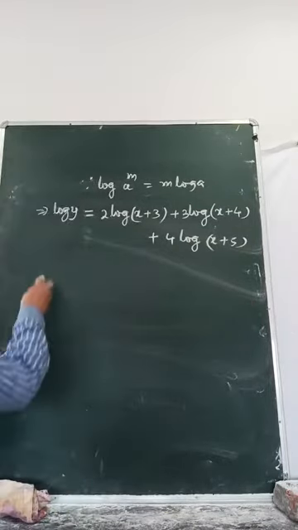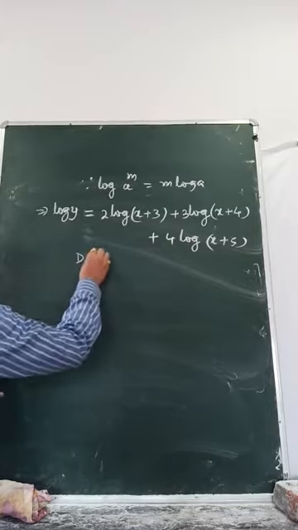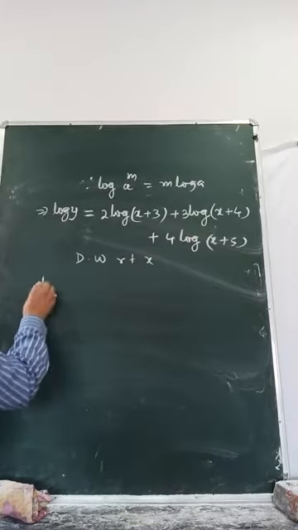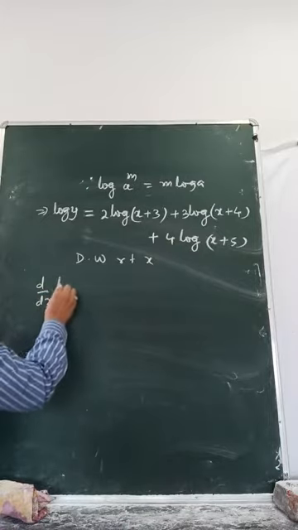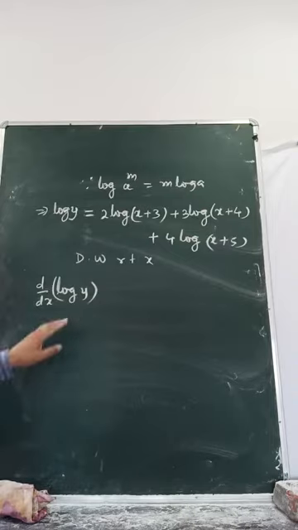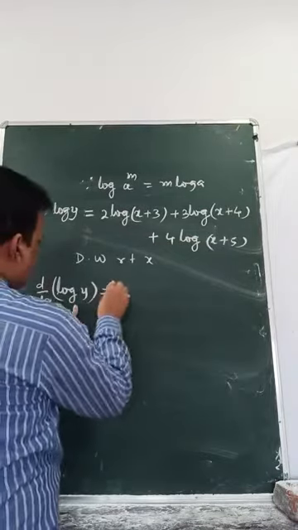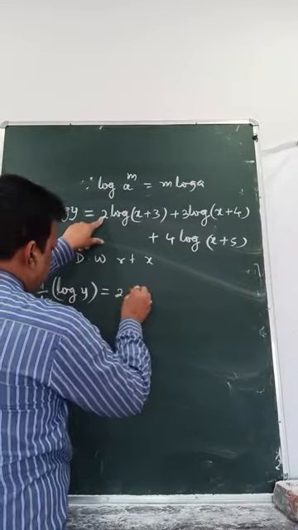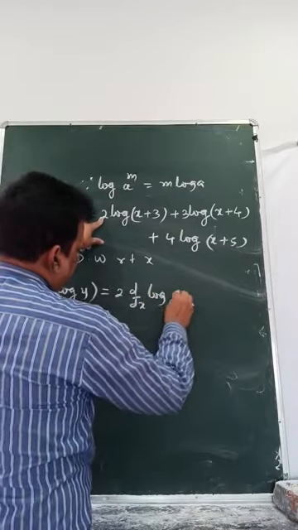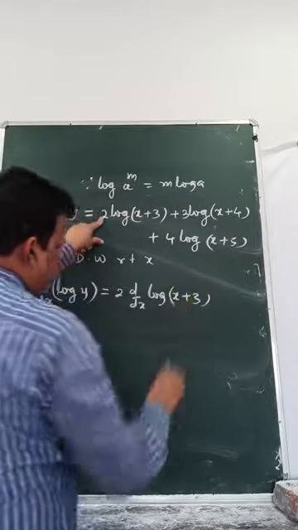So you can write, differentiating with respect to x, you get d/dx of log y equals 2, which is a constant, you can keep it outside, d/dx of log x plus 3. Why are you keeping it outside?